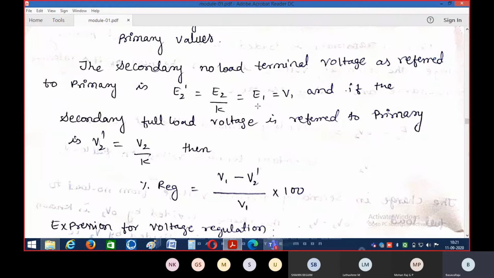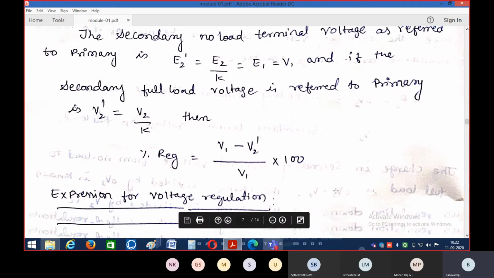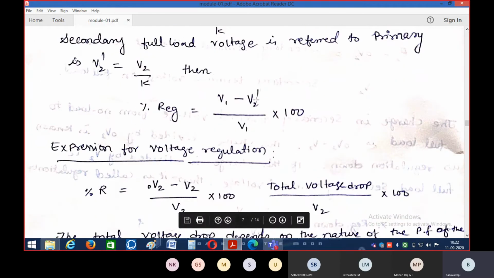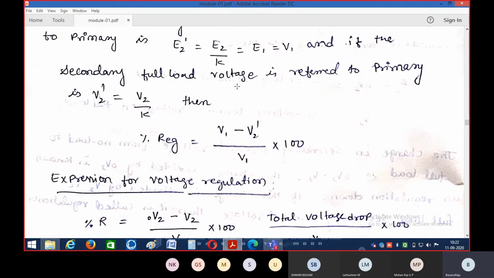Let us consider that this E1 value is equal to V1, and if the secondary full load voltage is referred to the primary side, then V2 dash is equal to V2 divided by K. So the regulation we can also calculate by using the formula (V1 minus V2 dash) divided by V1 into 100, making use of this simple formula.